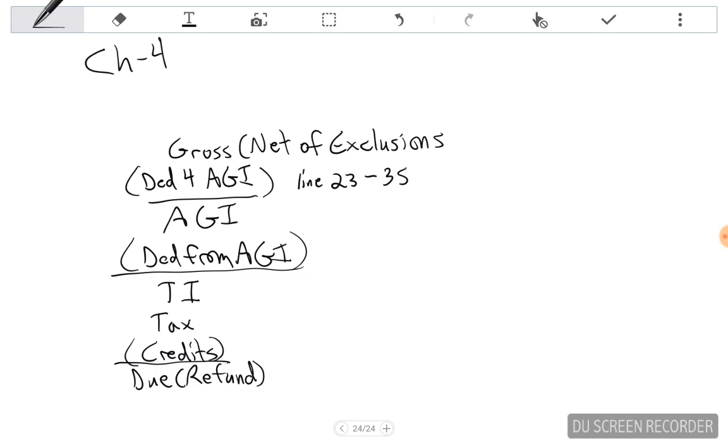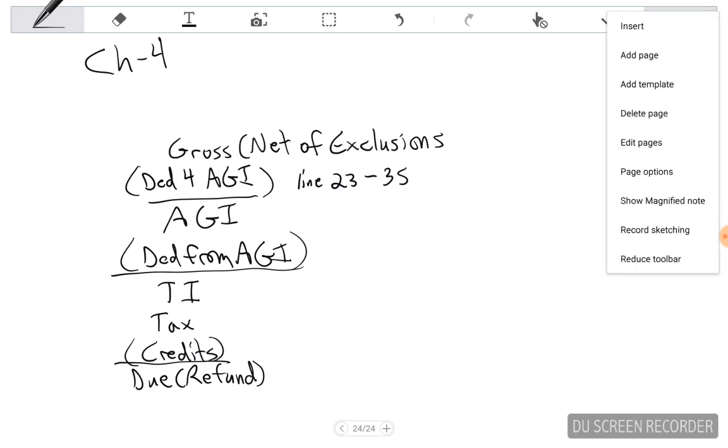But before we get to that list, there's actually some more, so I'm kind of sneaky like that. Let's talk about the ones that aren't on that list. Okay, so I'm going to add a page here. If you notice in the gross income section of the 1040, there are a couple of lines in there.